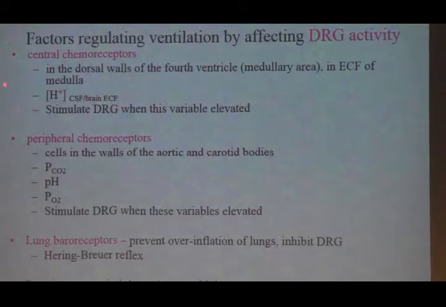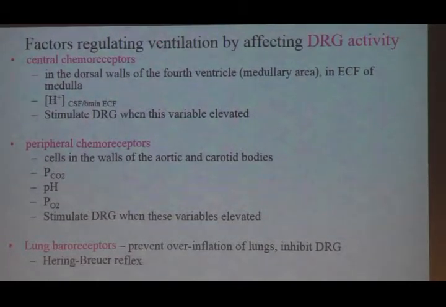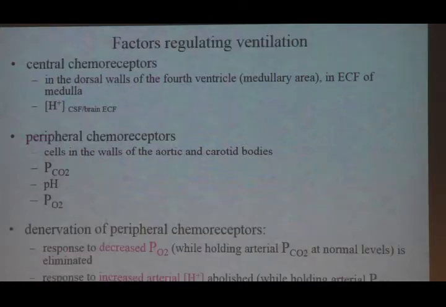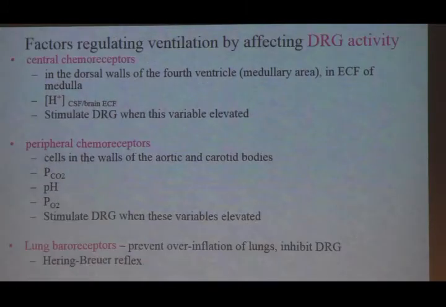These are variables or factors that can affect ventilation by affecting DRG activity. So what we're looking at and what's outlined in this slide are these inputs that can affect DRG activity and therefore affect breathing. What are these inputs?